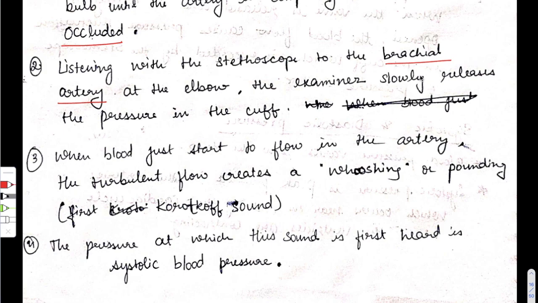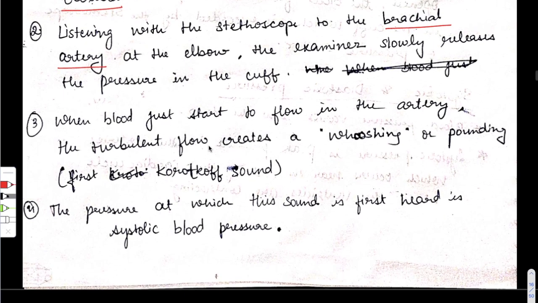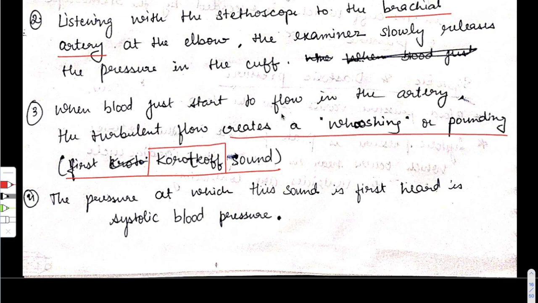The examiner slowly releases the pressure in the cuff. When the blood starts to just flow in the artery, the turbulent flow creates a whooshing or pounding sound that is known as the Korotkov sound. Remember this word, Korotkov sound.